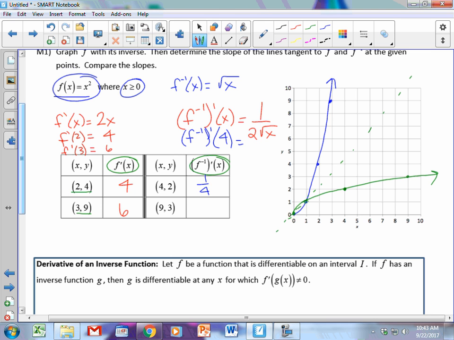And if you input 4 into this function, you will get 1/4. Is everybody okay with that? Do the same thing for f inverse prime of 9. So we plug 9 into this, and that'll give us 1 divided by 2 times 3, which is 1/6.